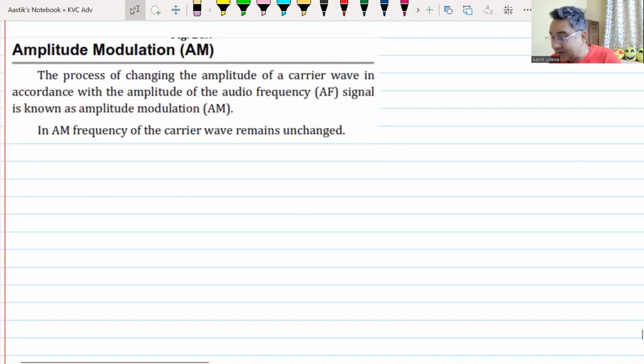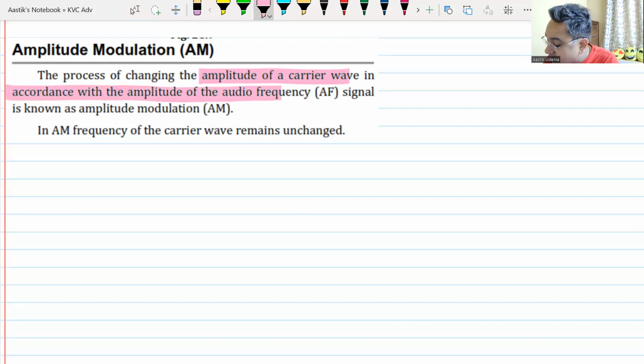What will happen in this amplitude modulation? We are going to change the amplitude of a carrier wave in accordance with the amplitude of the signal wave. This type of modulation is known as the amplitude modulation of the wave.